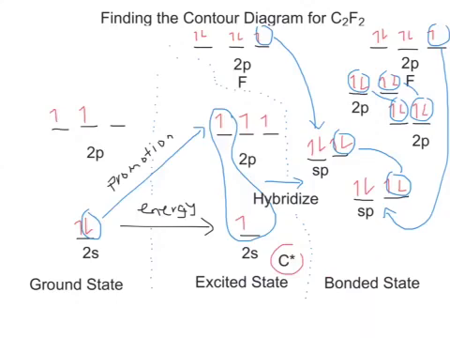The two bonds shared in between the two P's are what we call the pi bonds, and the bonds between the F's and the central carbon atoms are the sigma bonds, as well as this one. Let's label the other pi bond.